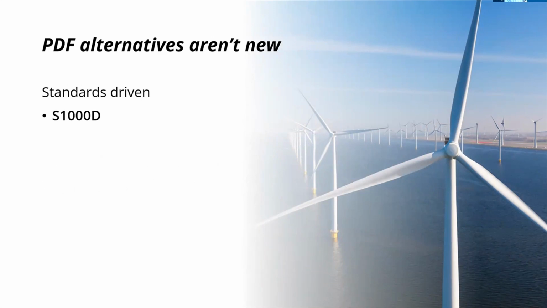And one thing that S1000D brought along many years ago, it's a very old established standard, is this idea of IETMs, interactive electronic technical manual. So within certain industries, they've been pushing the boundaries and using more intelligent ways of distributing information for a long time.